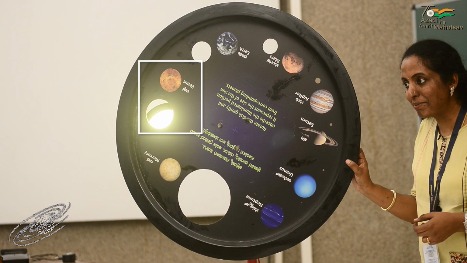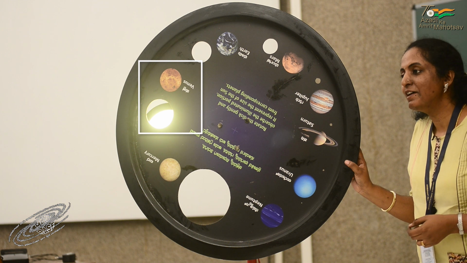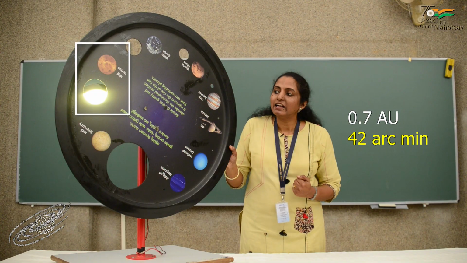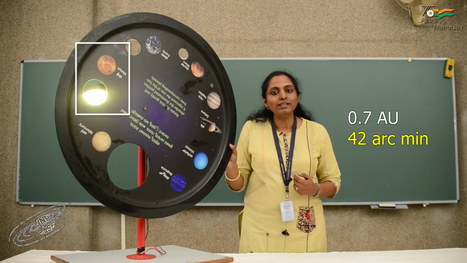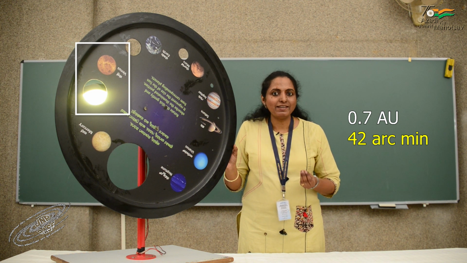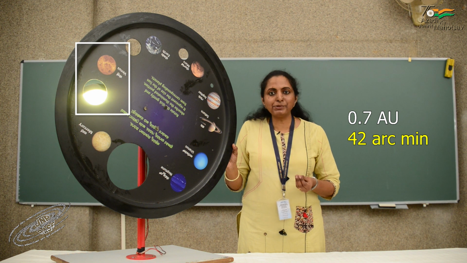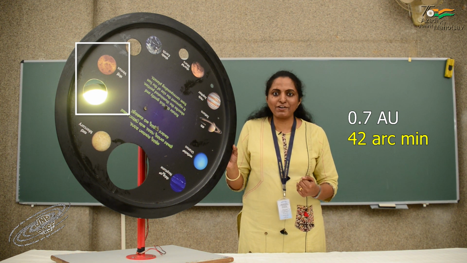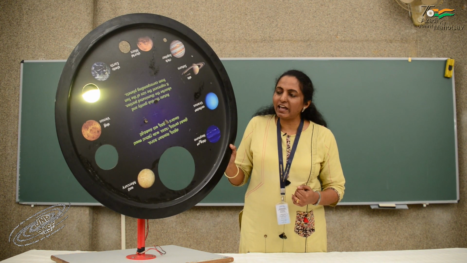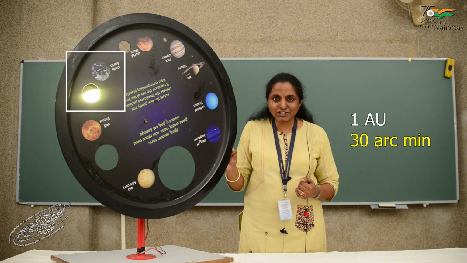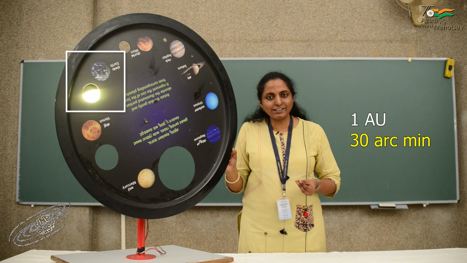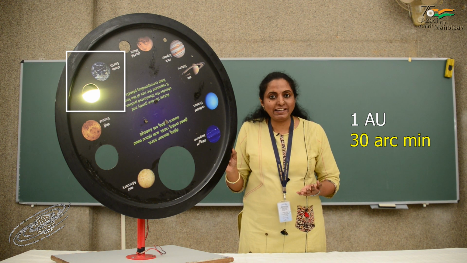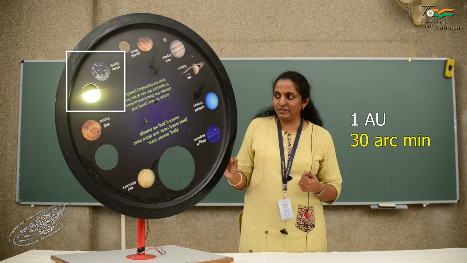Now, the second planet, Venus, is 0.7 astronomical units away from the Sun. And at that distance, the Sun appears to be something like 42 arc minutes, slightly more than what it appears here on the Earth. And now comes the Earth. As I mentioned earlier, here in the Earth sky, we see the Sun to be something like half a degree or 30 arc minutes.